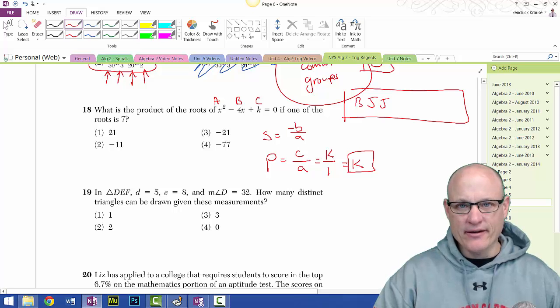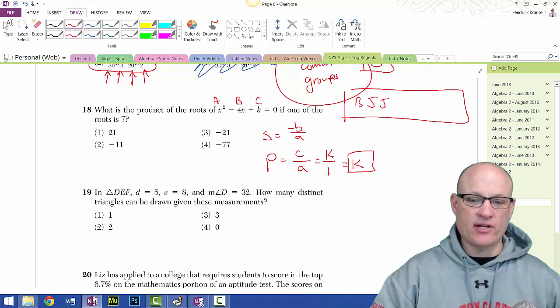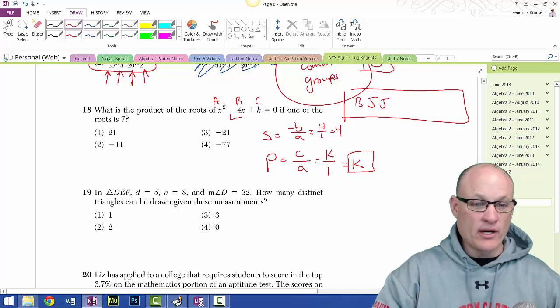What's K? I don't know, but I bet you can find it. The sum of the roots is the negation of this, which would be positive 4 over 1, which is 4. Is that one of the answers? Nope, not even one of the answers.